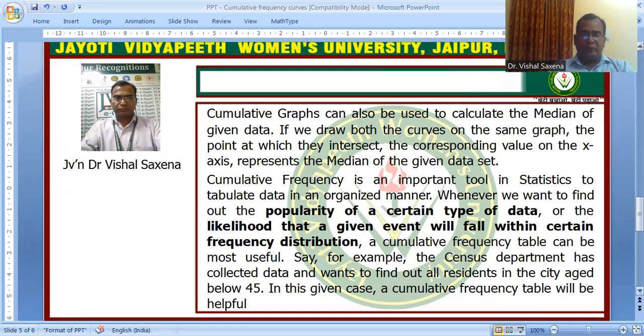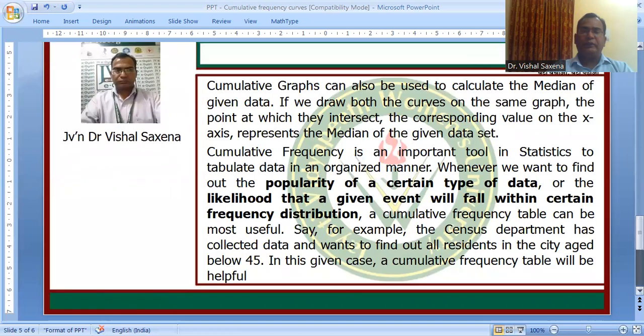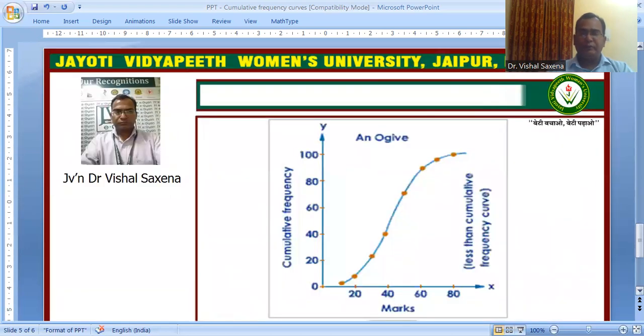The number of residents whose ages are below 45 can be obtained, and more than 45 can also be obtained by this graph. So this is a very important point.